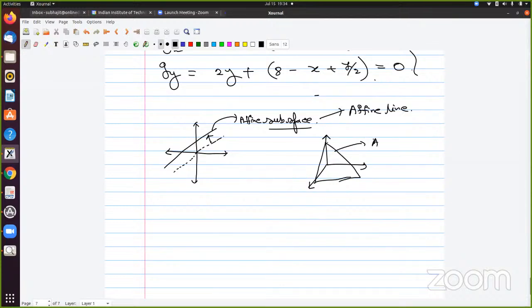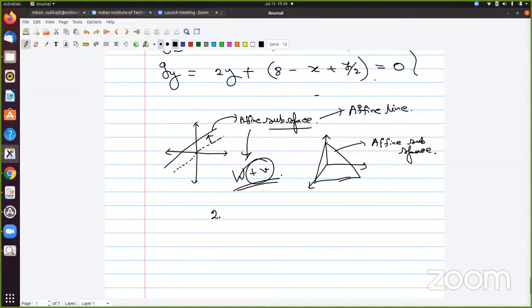So this is your affine subspace. That's how affine subspaces were defined: a vector subspace plus some vector. So this indicates the translation.